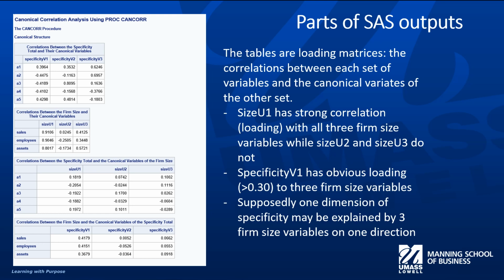Regarding the specificity variates, specificity variate 1 has obvious loadings, and the loadings are greater than 0.3 in relation with the firm size variables. So from this outcome, we may suppose there's one dimension of specificity which can be explained by the variables of firm size.